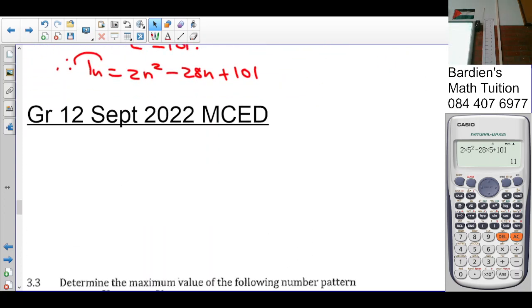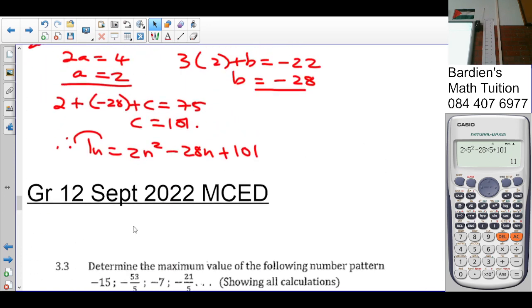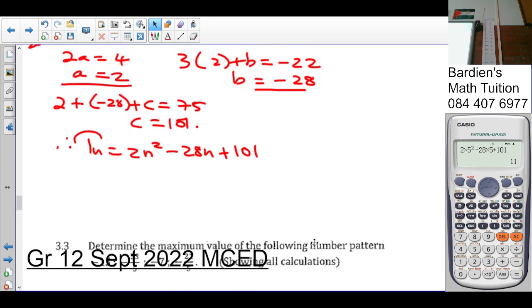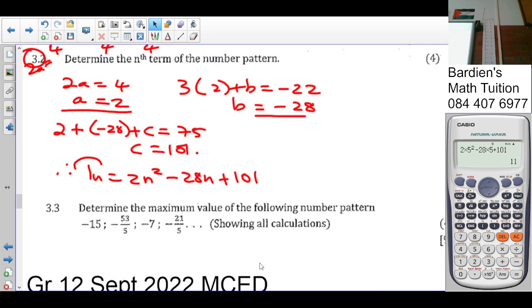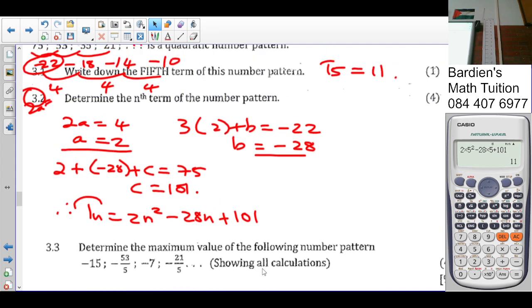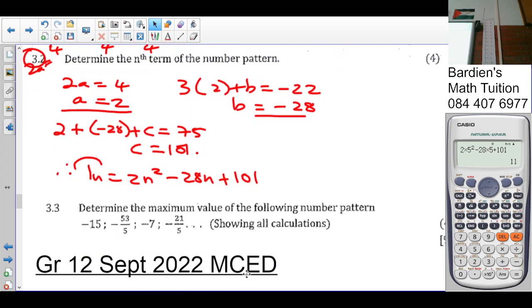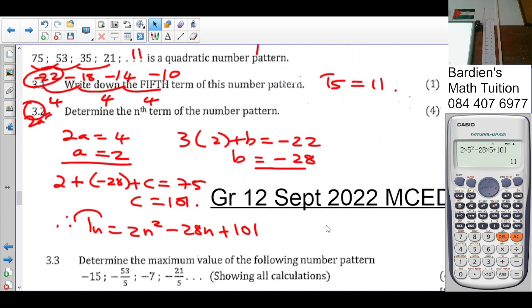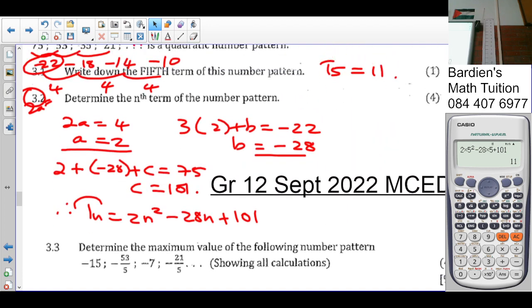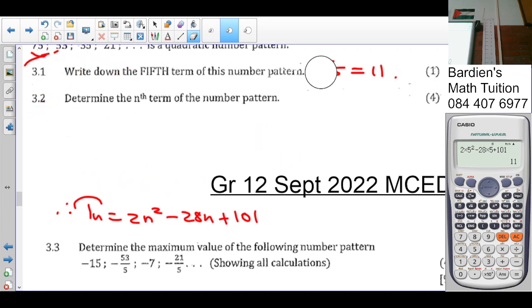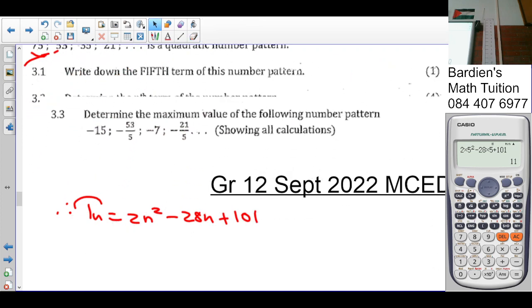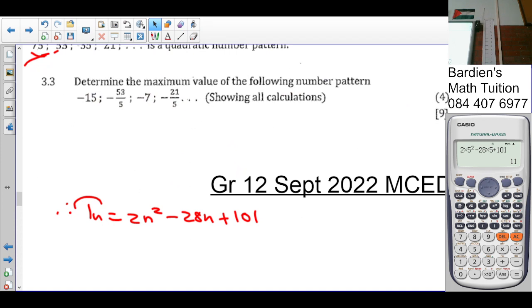Then the next question says, determine the maximum value of the following number pattern. So if we look here, there's of course a link that is happening between the two patterns. Okay, I just need to change the term here. Of course, there's a direct link between the two patterns.